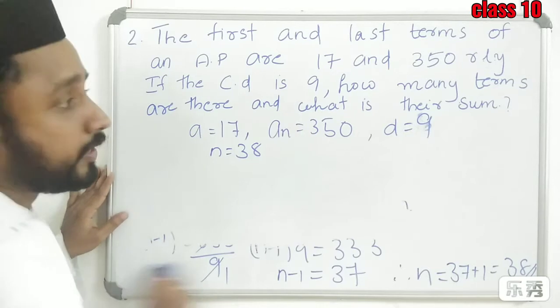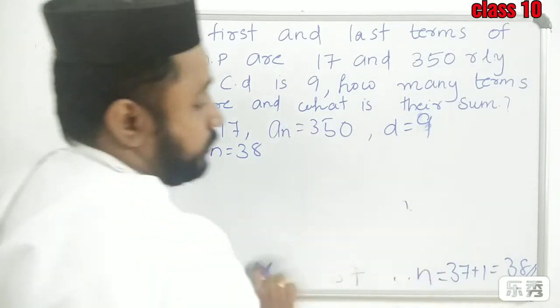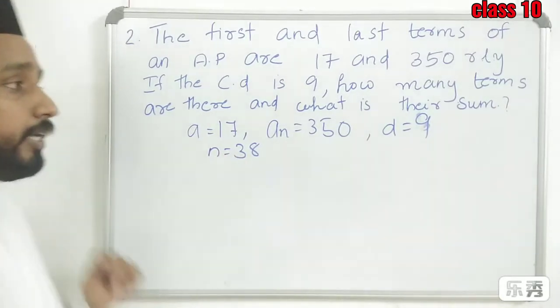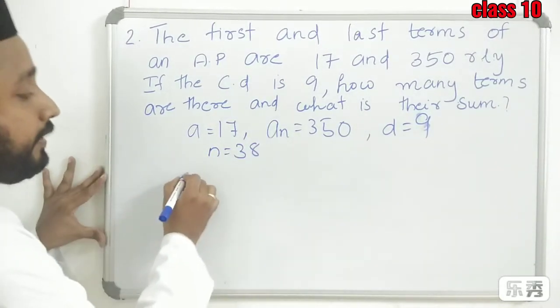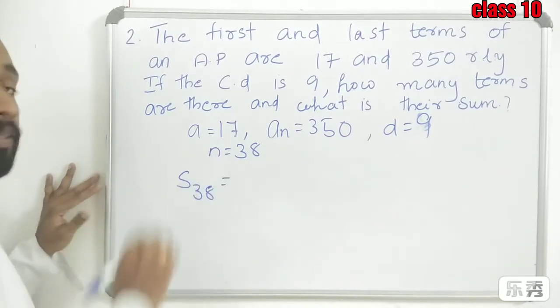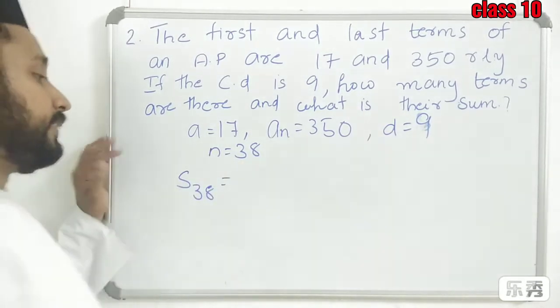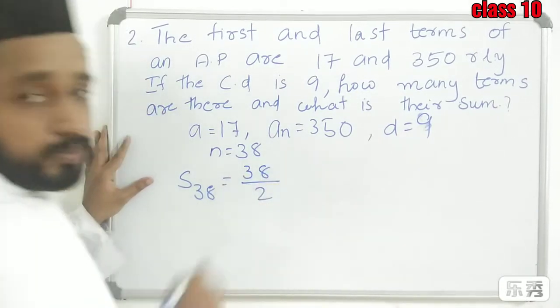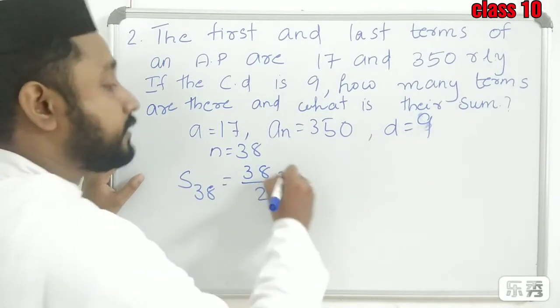And what is the next question? What is the sum? We got the value for n is equal to 38. We have to find the sum, that is S38. There are 38 terms, so the sum S38 is n by 2 into first term plus last term.